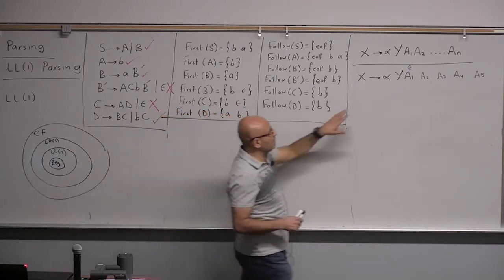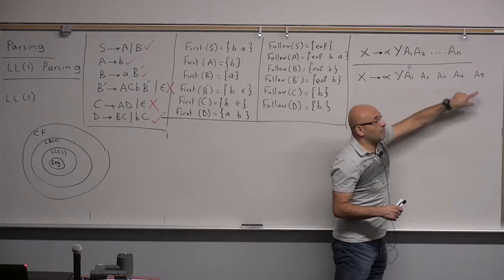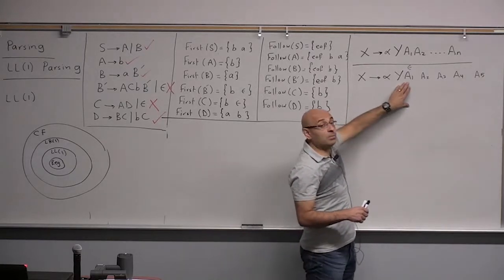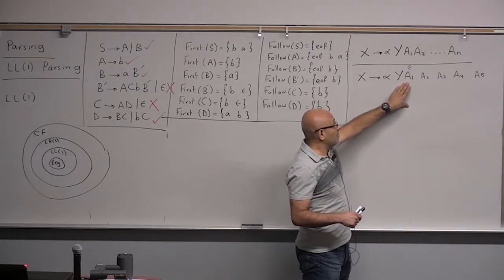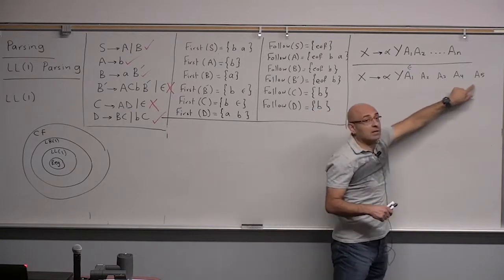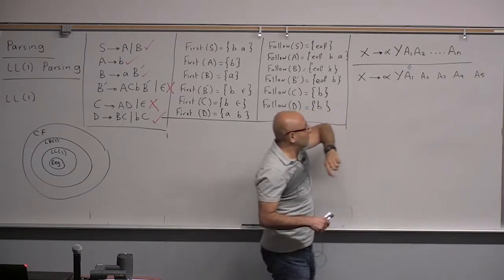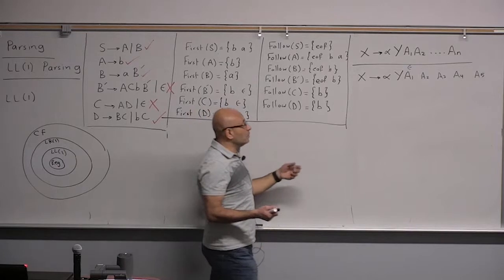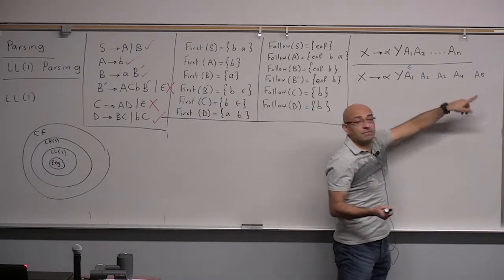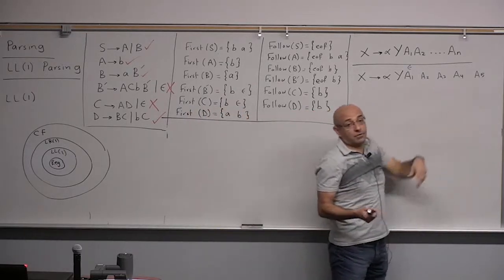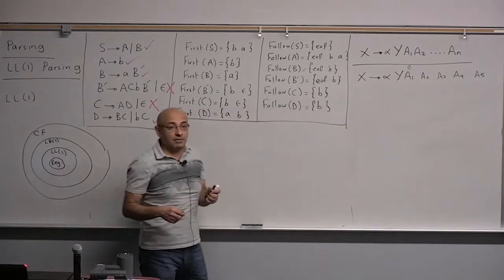But think about A1, A2, A3, A4. These could be terminals or non-terminals. But assuming that all of these are non-terminals, I will need to compute the follow sets for all of them.